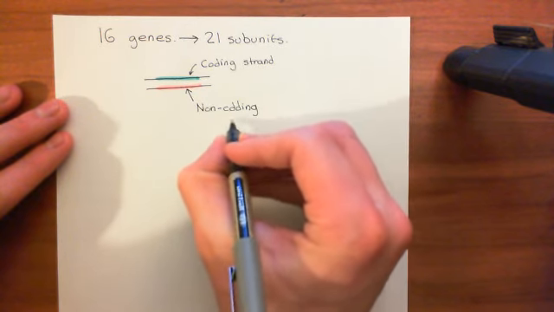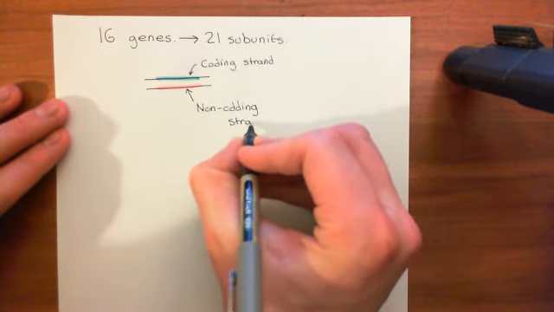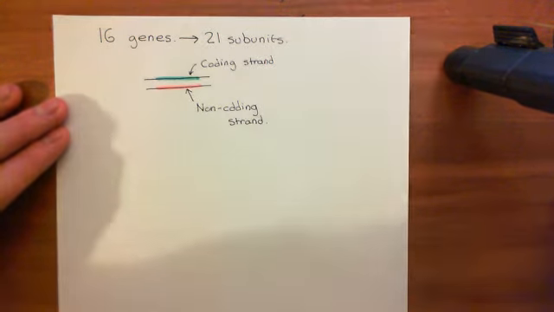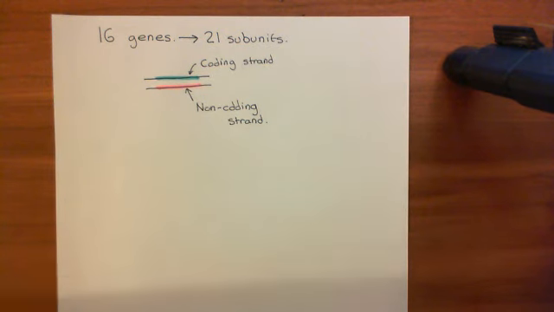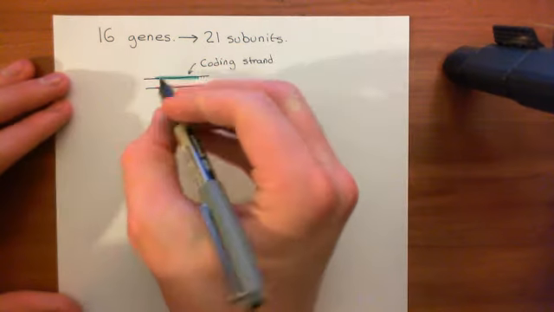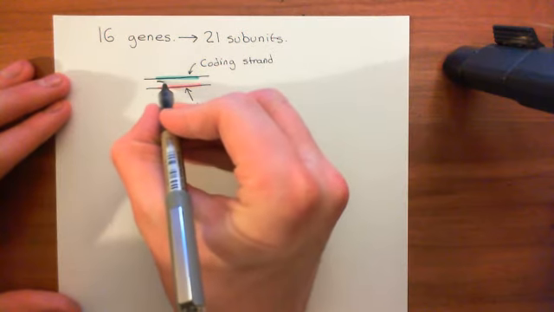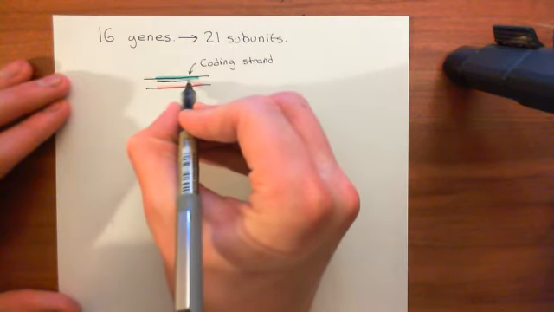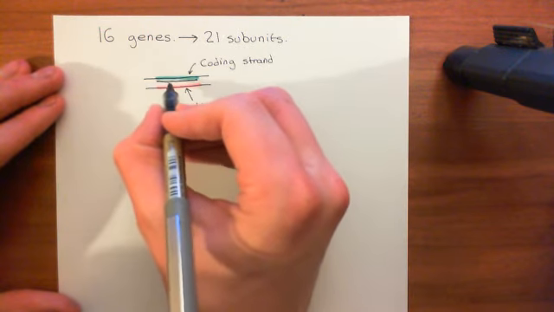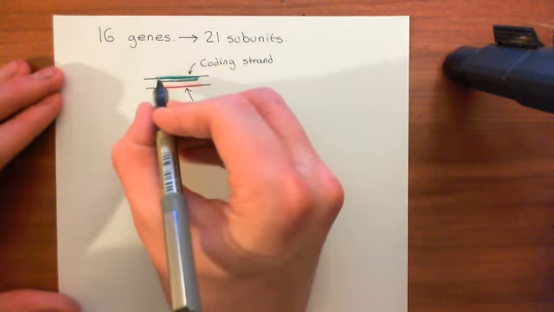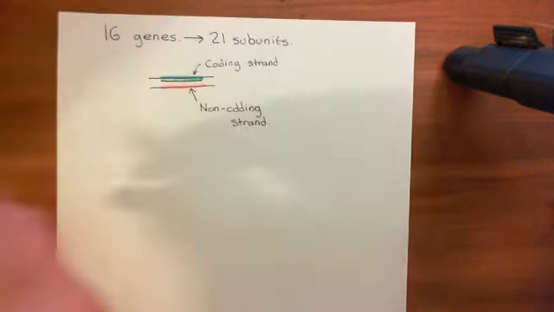mRNA from the DNA, you actually only need 1 of the strands of the DNA. You don't need both, because you're producing an mRNA molecule which is complementary to 1 of the strands, and the strand that you actually use is the coding strand. So you will produce a piece of mRNA which has a complementary sequence of organic bases to the sequence of the coding strand.